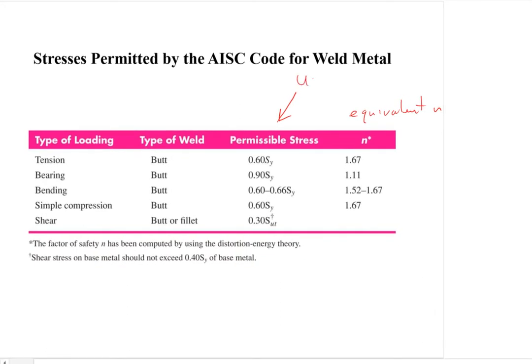They're using a code instead of a factor of safety, but they included the equivalent factor of safety here anyhow. Not that it's doing you any good, but this is typically what codes are based on.